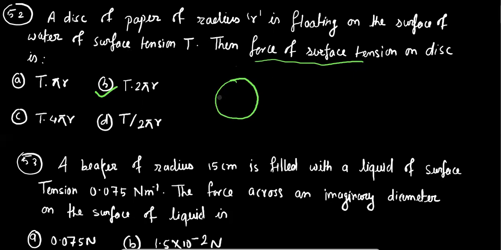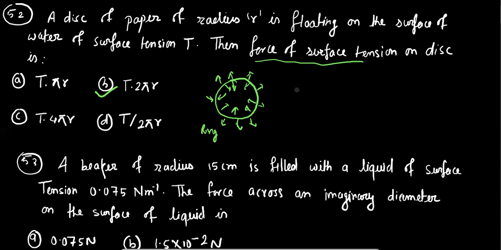For a ring there are two free surfaces, one inside and another outside. So the force due to surface tension acts along both of these sides. That means surface tension will act inward as well as outward for the ring.